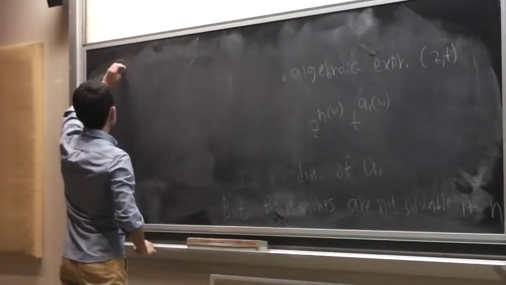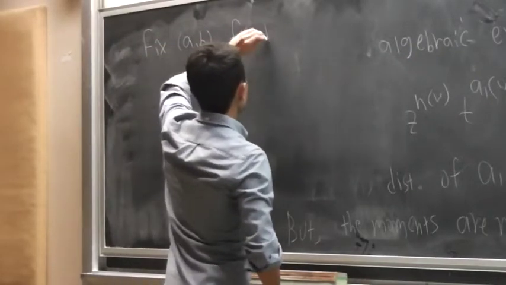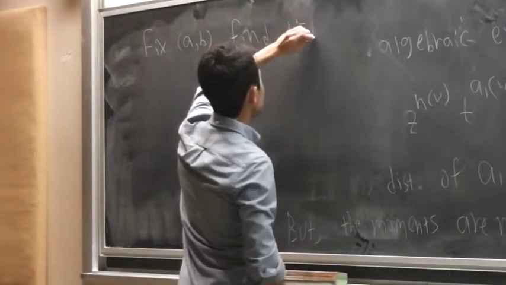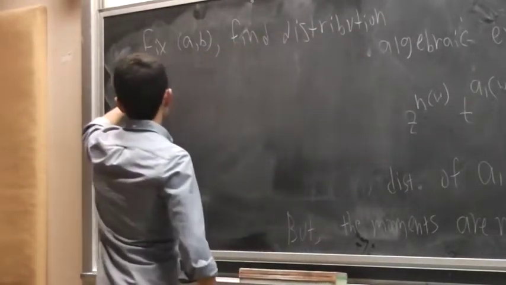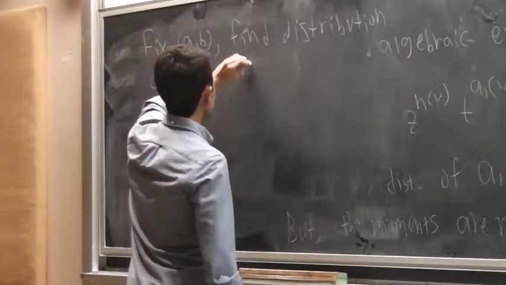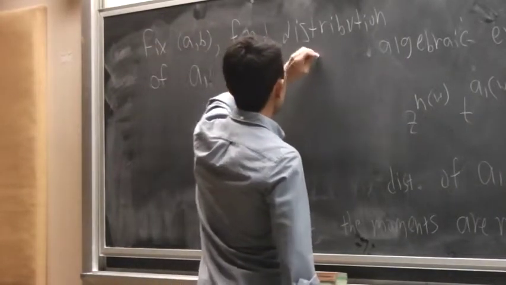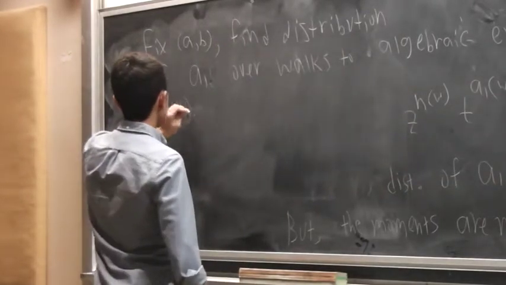So if we fix AB, then we can find the distribution of A1 over walks to AB. Right?